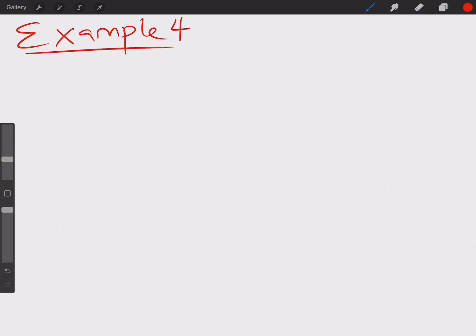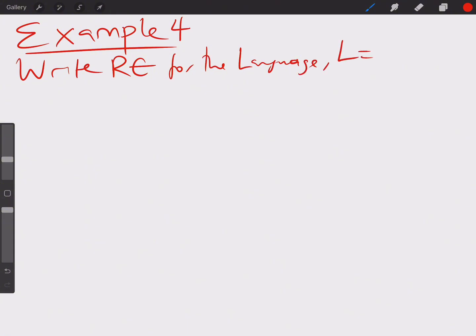Write a regular expression for the language L equals a^n b^m, where n is greater than or equal to 4, m is less than or equal to 3.